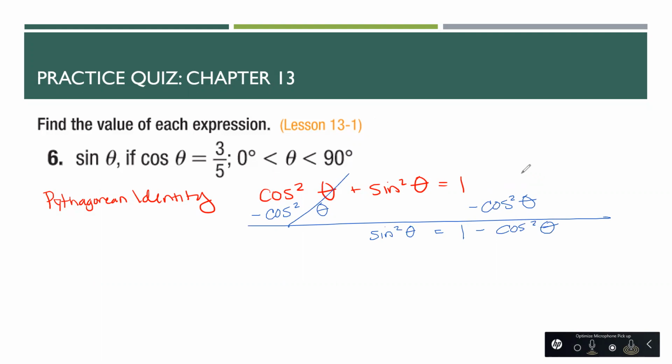Okay, so you might be asking yourself, well, why did we subtract cosine squared and not sine squared? Well, because we're given cosine of theta. Okay, so then what we can do is substitute in for cosine. This is cosine squared. We're going to substitute in for theta 3/5. Okay, and over here we still have sine squared.